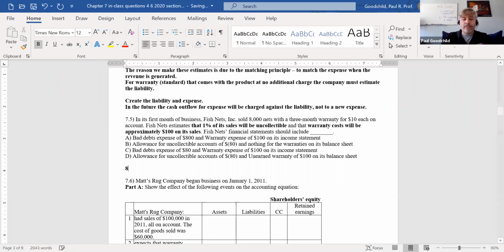So we have 8,000 times $10 each gives us $80,000 in sales times 0.01 gives us $800 bad debts expense and allowance for doubtful accounts.